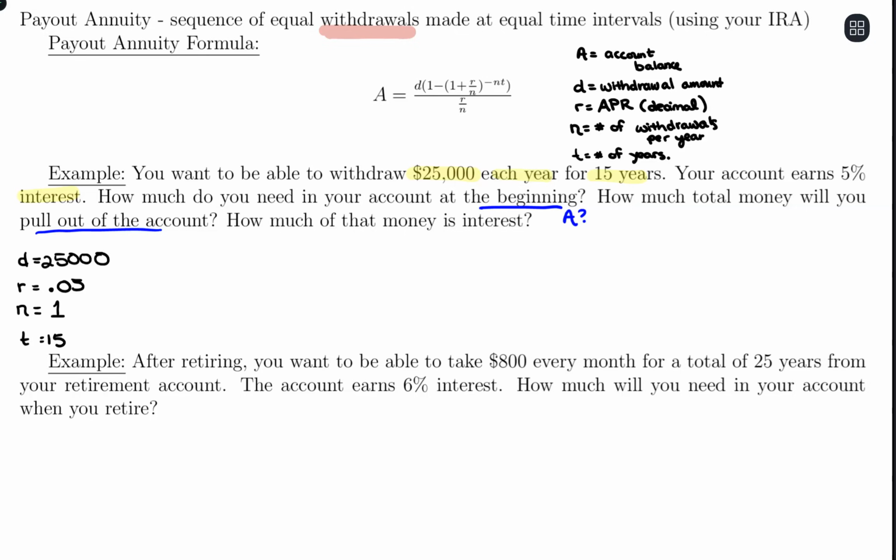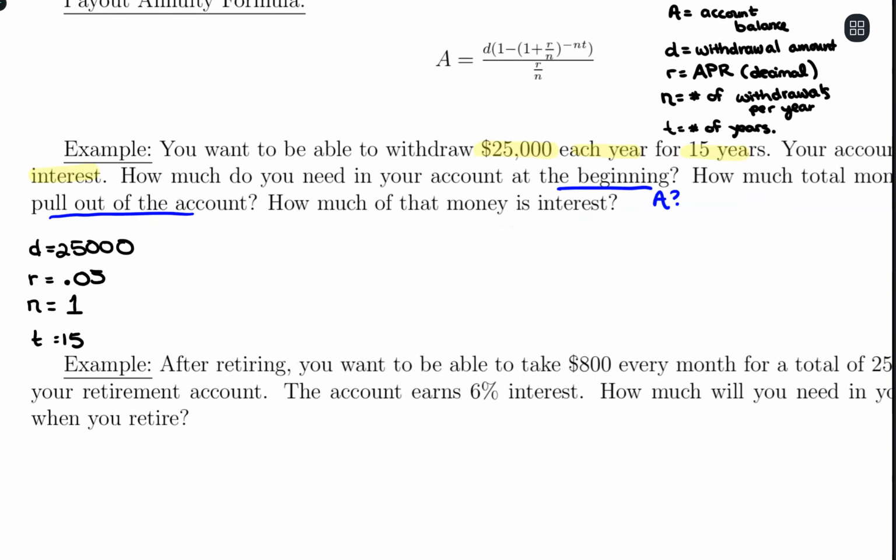So we want to be able to take $25,000 out each year for 15 years. So with this, finding A, we're going to have 25,000 times 1 minus and then parentheses 1 plus 0.05 over 1, which is just 1 plus 0.05, with an exponent of negative 1 times 15.